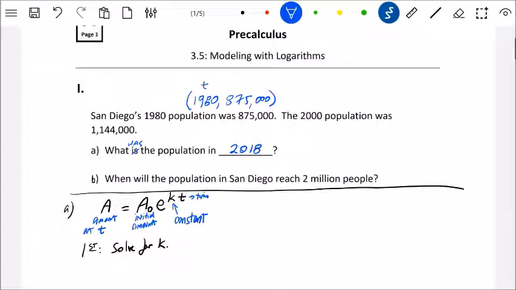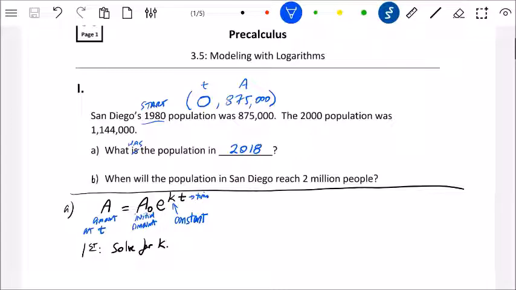And that's the A. However, I'm going to take away the 1980, because this is actually the initial starting year. This is the start of this problem. Not when San Diego started, of course, but it is the start of the problem. So it's actually the 0th year, and then it grows from that year, or our modeling of it.